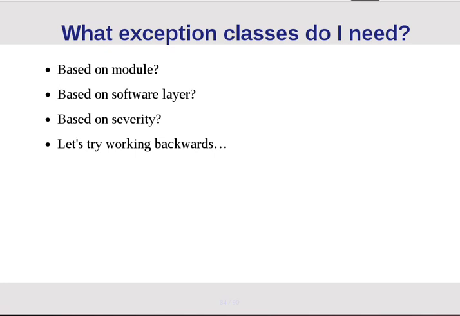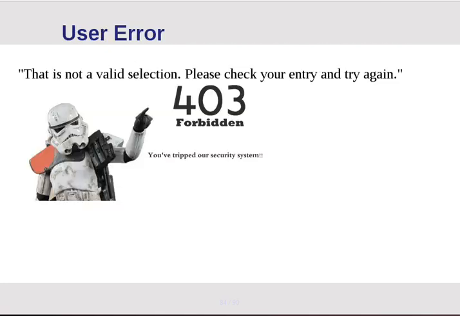The only reason we create different exception classes at all, the only reason we don't just raise runtime error for everything, is because we want to be able to easily differentiate between exceptions so as to handle them differently. So I think it's a good idea, when deciding which classes to make, to look at the different ways that errors are handled and then work backwards from there.